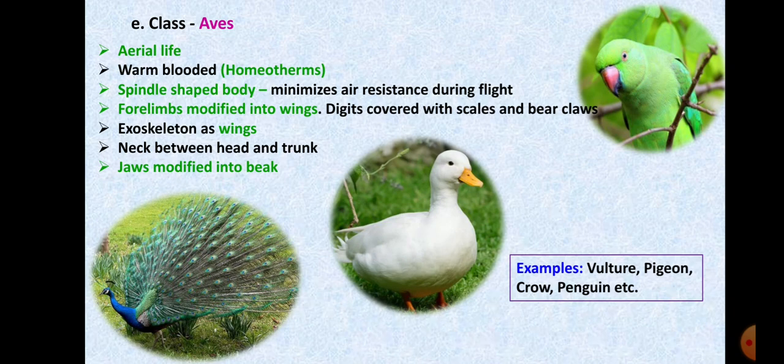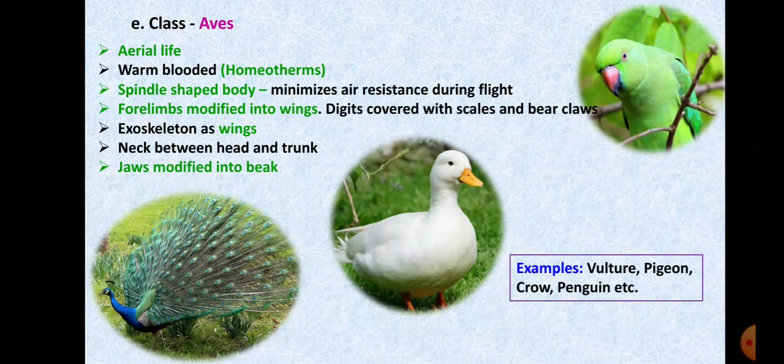They struggled hard, they brought about changes in them, and the new generations were found to be warm-blooded, means homeotherms. They are able to maintain constant body temperature, just like you and me. Yes or no? Does the external temperature affect us so much? No. Why? Because the internal body temperature of ours is constant.